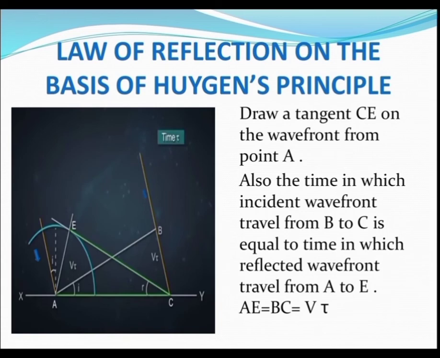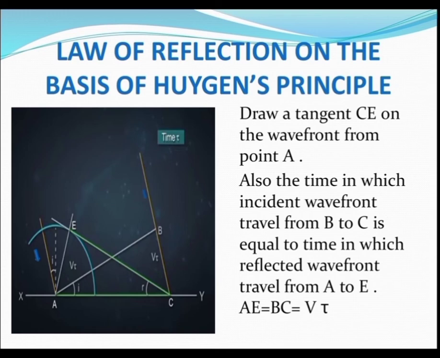Draw a tangent CE on the wavefront from point C. Also, the time in which the incident wavefront travels from B to C is equal to the time in which the reflected wavefront travels from A to E. So AE is equal to BC is equal to v tau.